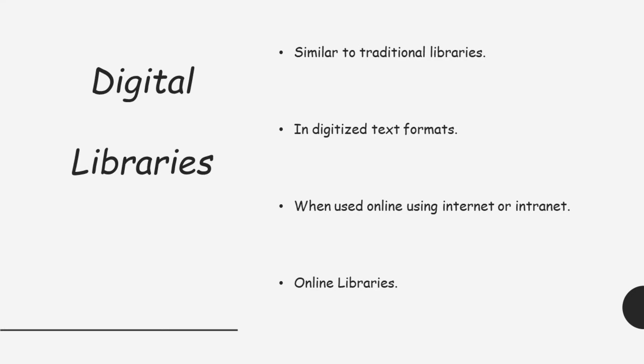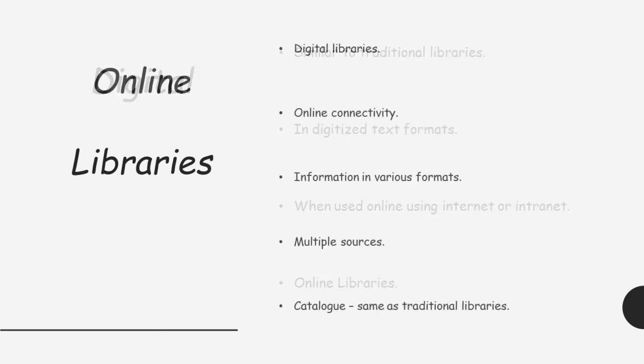When such digital libraries could be used online using internet or intranet, those are called online libraries. Online libraries then could be said as digital libraries accessible through online connectivity.